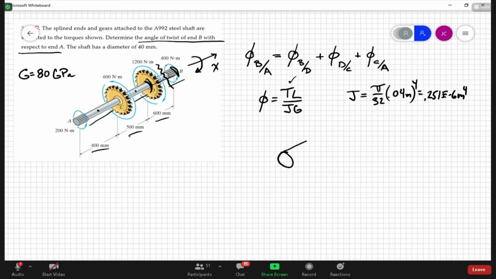Here's the cut side. Here's B. We have a torque going this direction here, 400 Newton meters, right? And that's obviously going to balance out the internal torque.